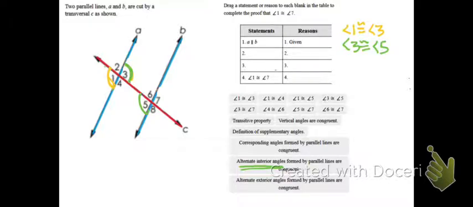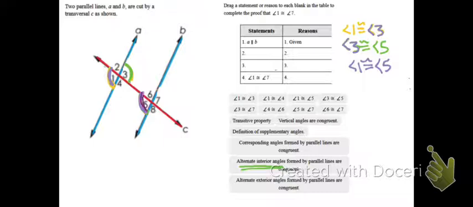And then again, if angle 1 is congruent to angle 3 and angle 5 is congruent to angle 3, then angle 1 and angle 5 must be the same measure because of the transitive property. So now we know angle 1 is congruent to angle 5. What do we know about angle 5?